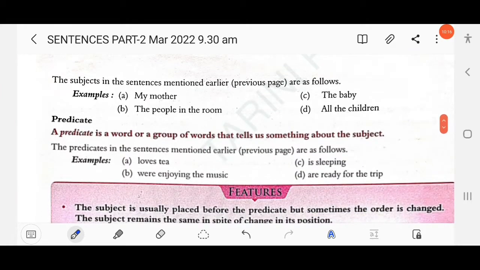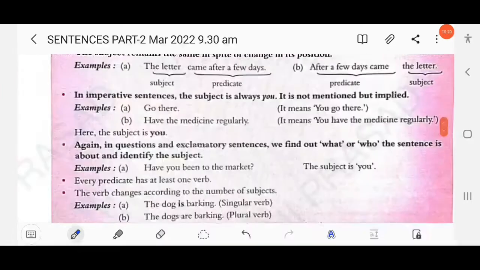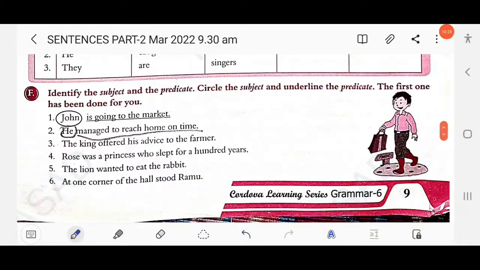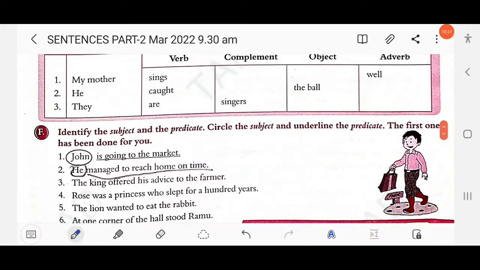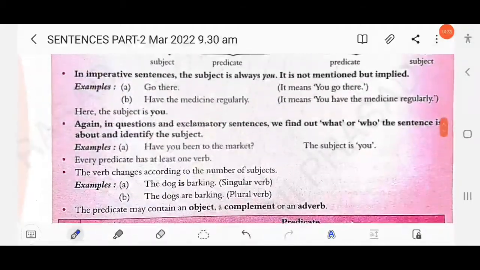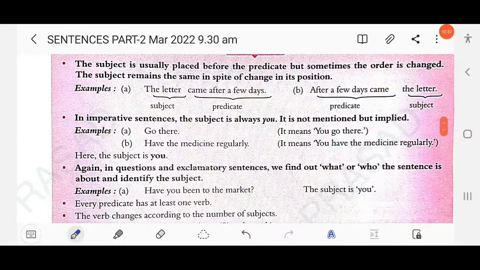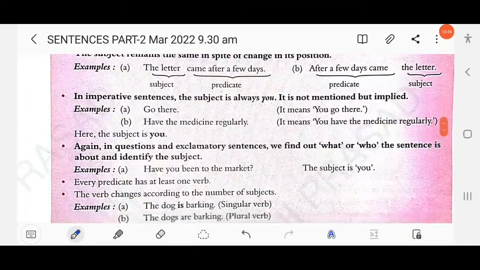Then next here, you have to identify the subject and predicate. Circle the subject and underline the predicate. The first one has been done for you, okay. Just review the examples here, then you can easily get a complete idea of how to identify the subject.